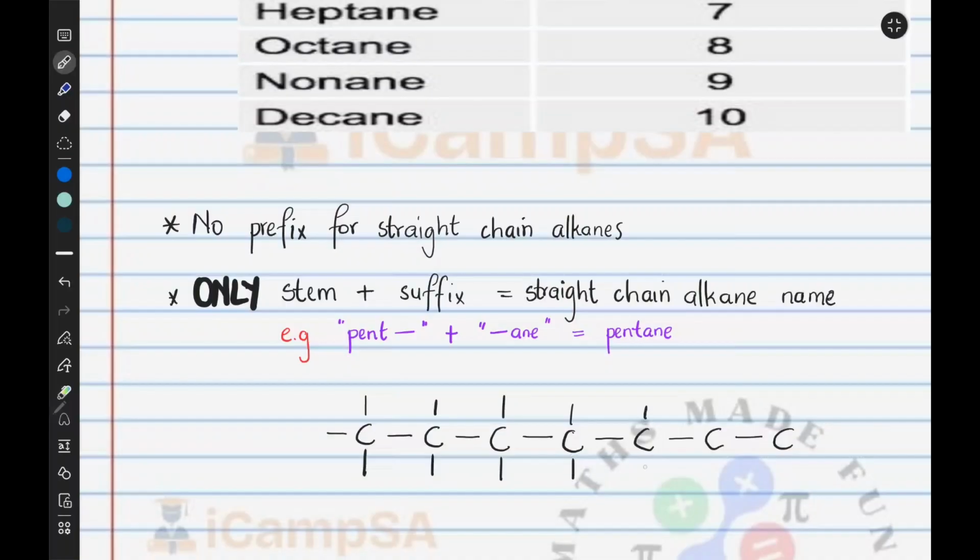Of course it won't be a perfect diagram, but as long as it has the accurate number of bonds, carbon atoms and hydrogen atoms. 1, 2, 3, 4, 5, 6, 7, 8, 9, 10, 11, 12, 13, and then finally our other hydrogen atom. So this is what a structural formula for pentane would look like.